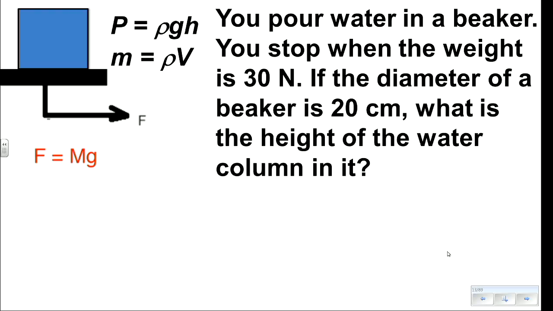Doesn't really matter. This is what we're looking for, right? And the only difference here is the 0.1 of a meter. The beaker is circular, so the radius is 0.1 of a meter.